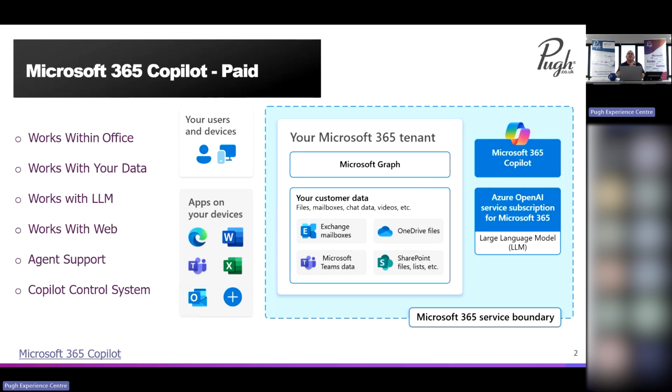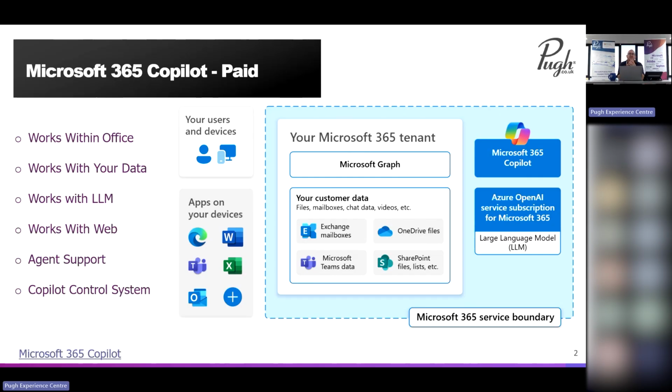It bases its answers on information you already have in your tenancy. It's also built into your Office 365 tenancy, so it's safe within that boundary. It's private, it's safe. The large language model isn't trained at all based on that.